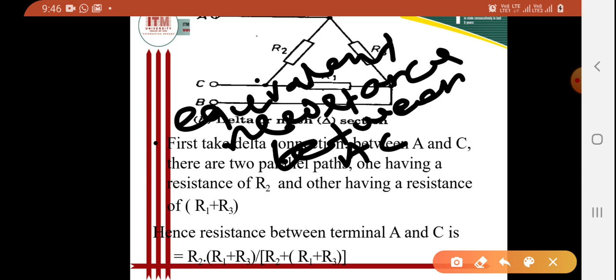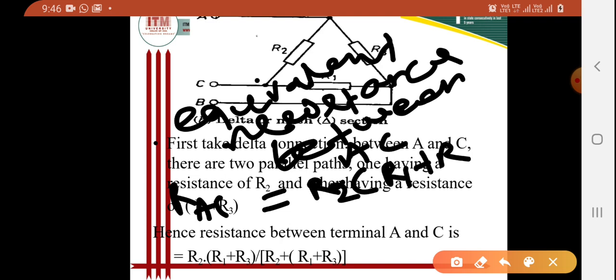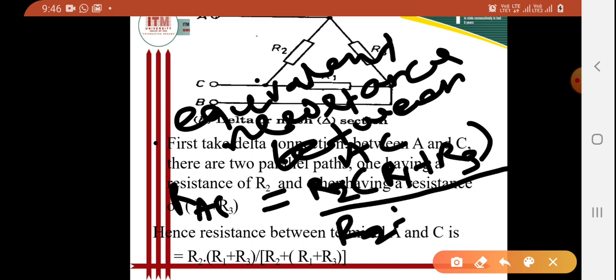So when we are calculating R equivalent, RAC, between terminals A and C, I can write that is R2 into (R1 plus R3) divided by R2 plus R1 plus R3. Okay, clear? Can I write this or not?